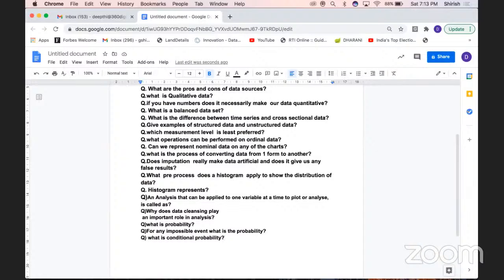So when you talk about a condition with respect to probability, how do you explain that?